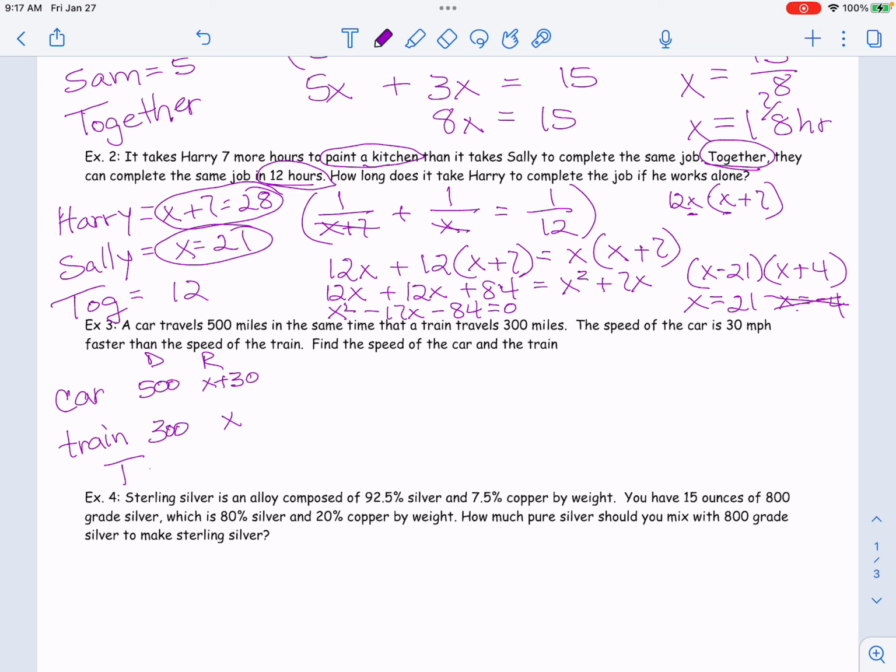Their times are equal. So I'm going to take that formula, distance equals rate times time, solve for t, and I get d over r. I'm going to set those two times equal to each other, the car and the train. So the car would be 500 over x plus 30, and the train is 300 over x. And I'm going to solve it proportionally.